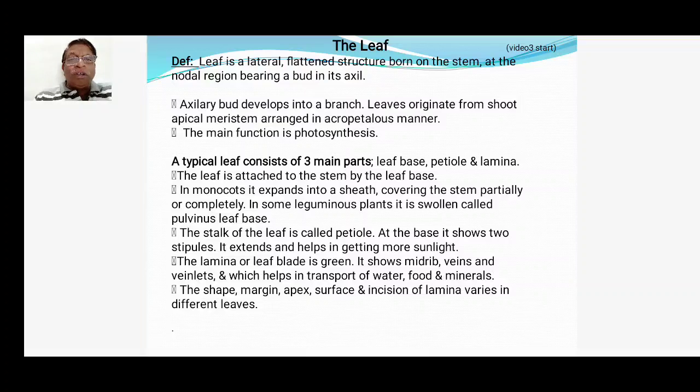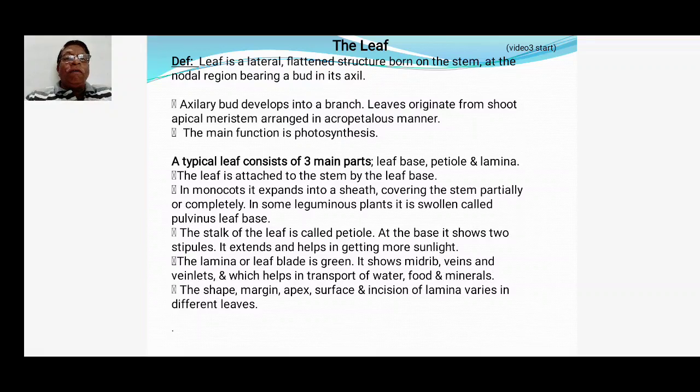The leaf also takes part in transpiration, that is, evaporation of water. In monocots, it protects the growing tip. These are the functions of the leaf.